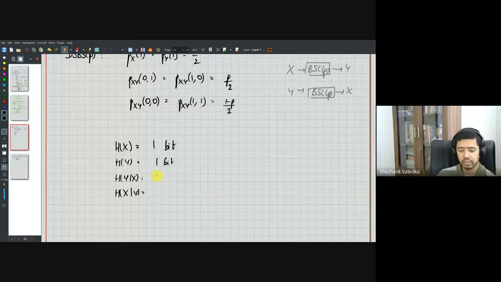So what is H(Y|X) equal to for the doubly symmetric binary source?